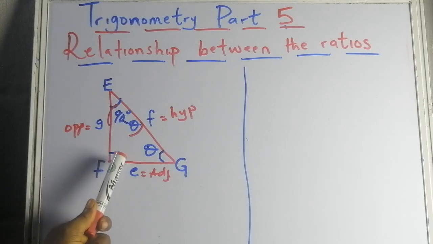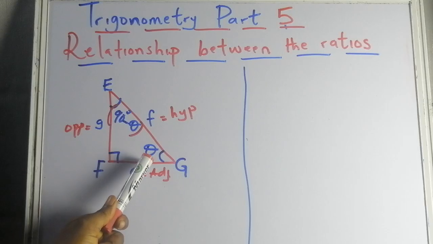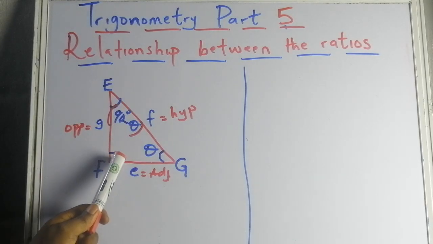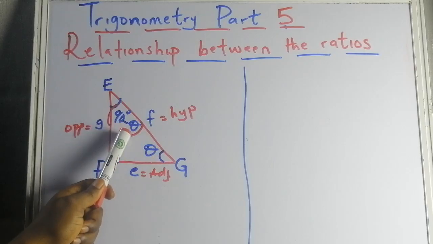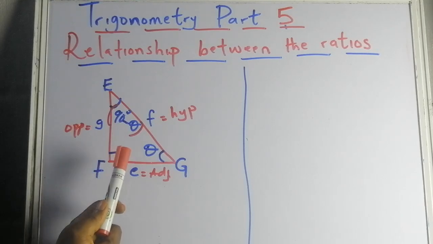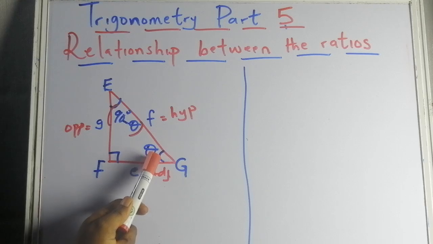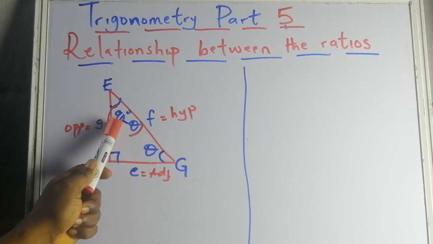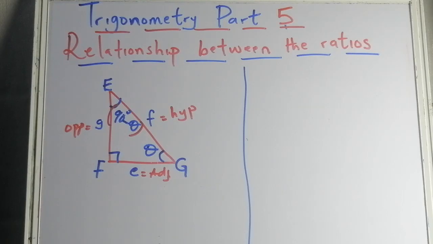If this is angle 90, a right angle triangle, and this is theta, we can get the last angle, which is 90 minus theta. That is how you get an angle in a right angle triangle. The angle here is 90, they've given us this angle to be theta, so 90 minus this will give us the remaining angle because it's a three-angled triangle.